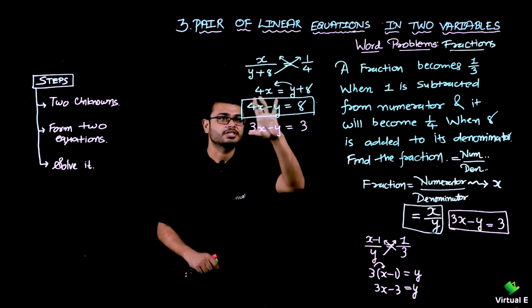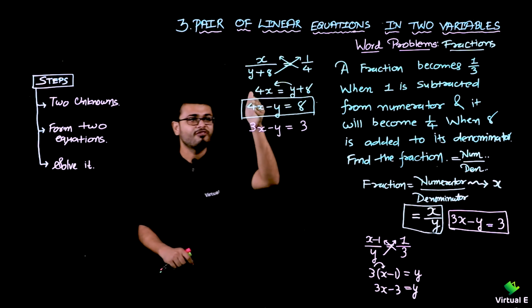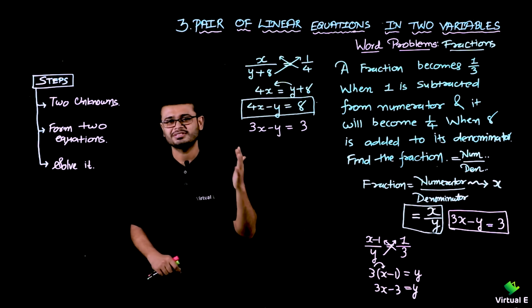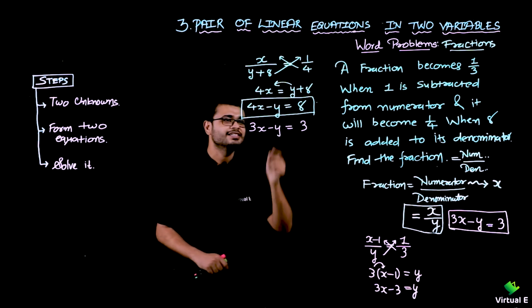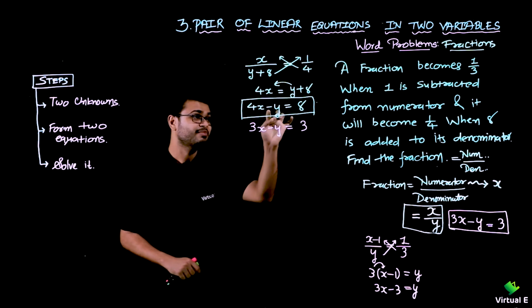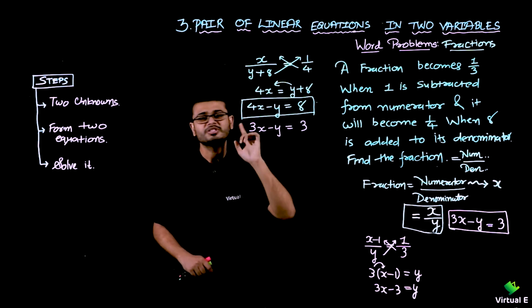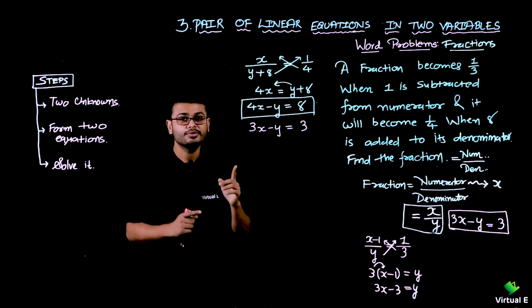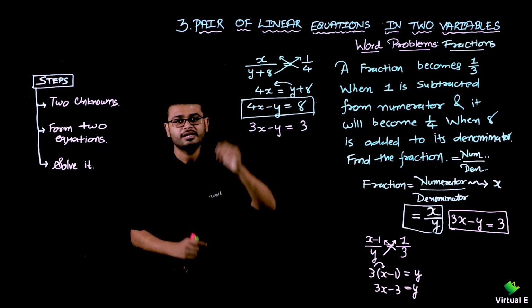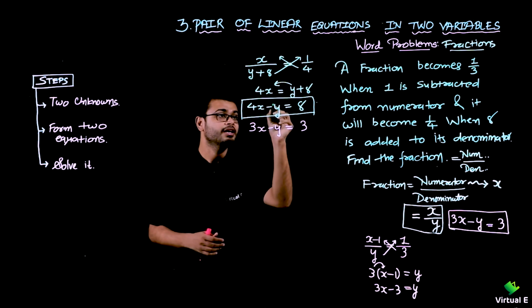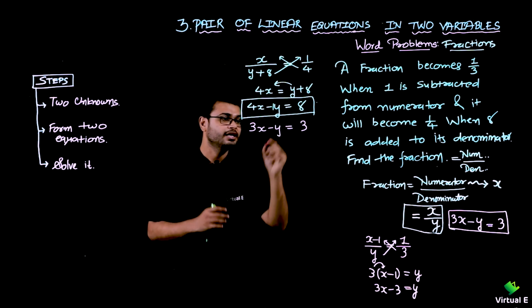See, coefficients. It's all about coefficients. 4 and 3 are different coefficients. I'm not interested, it's very difficult to eliminate x. See, the coefficients of y are -1 and -1. You must be thinking, where is the 1? I told you in the previous session, if there is no number before a variable, consider it as 1. And here as well.